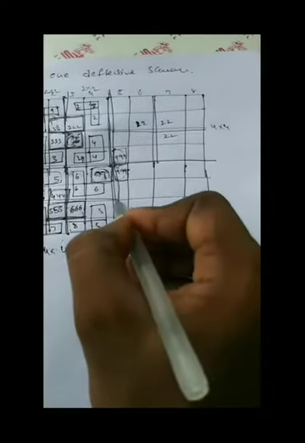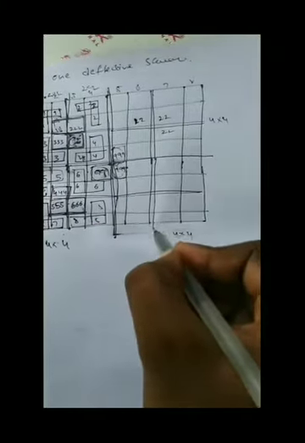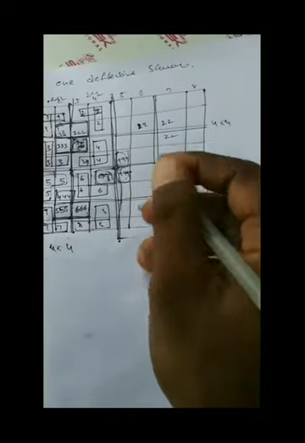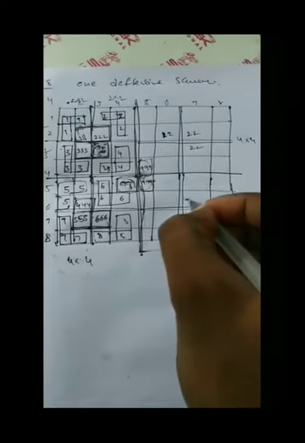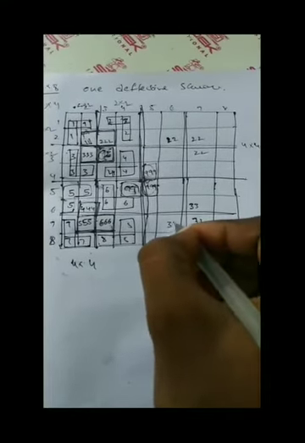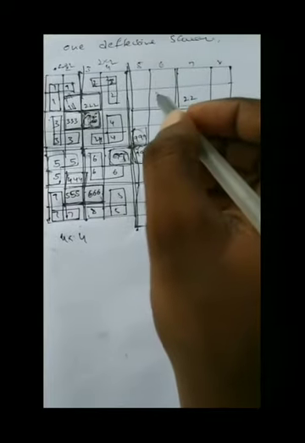Here also we are dividing into 2 by 2. It is having one defective square, and the remaining 3 are not having defective ones. So take this corner one as a defective square. Artificially we are taking it for applying the defective squares problem.